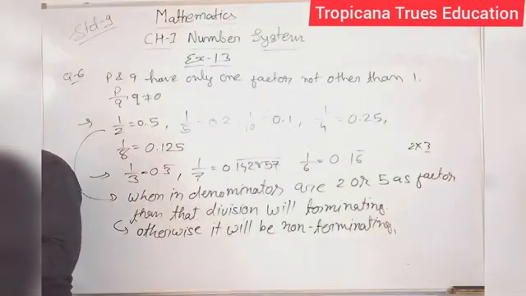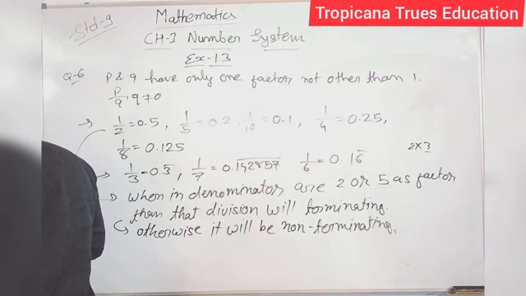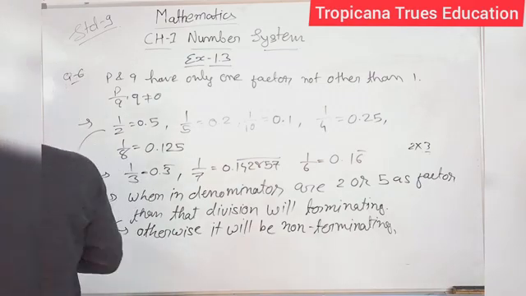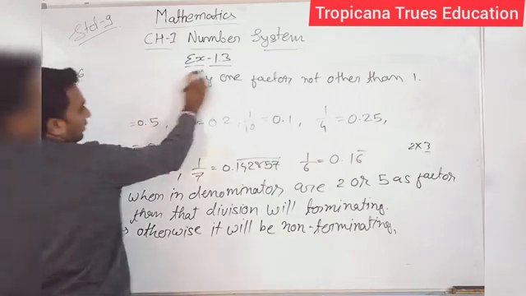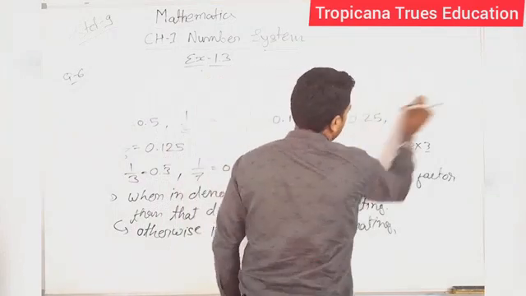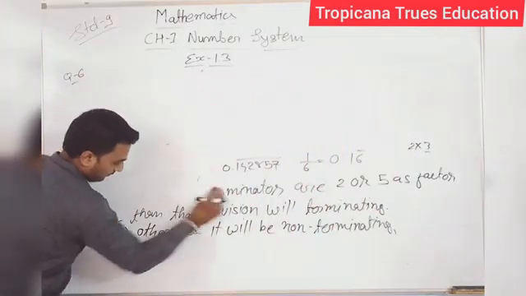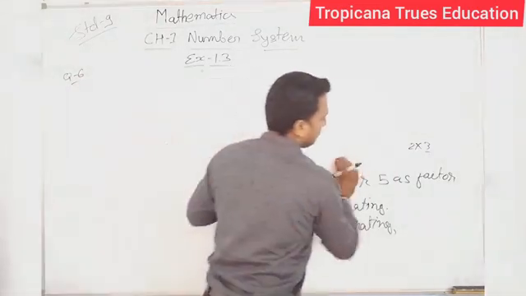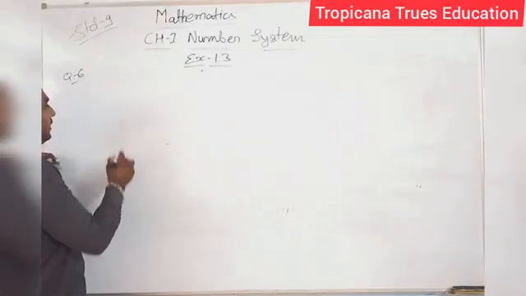Then your next question, question number 7. Here we have to find any irrational number. We know how we write an irrational number. You can write it directly this way.